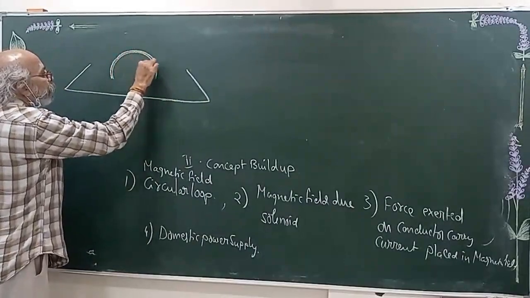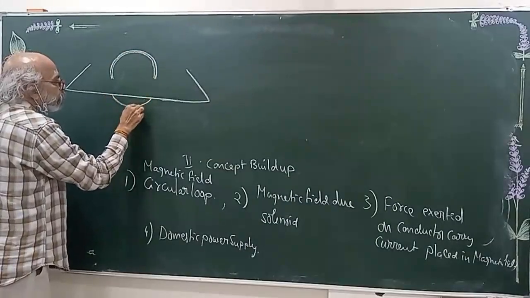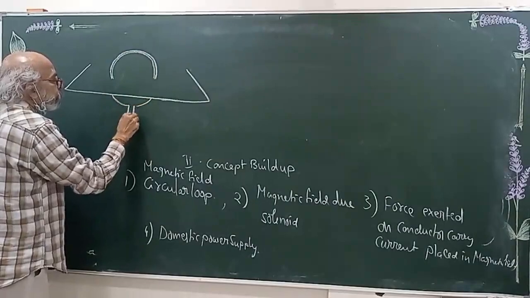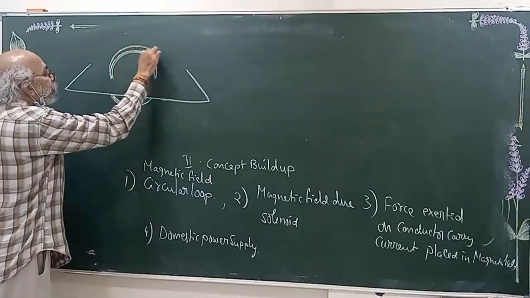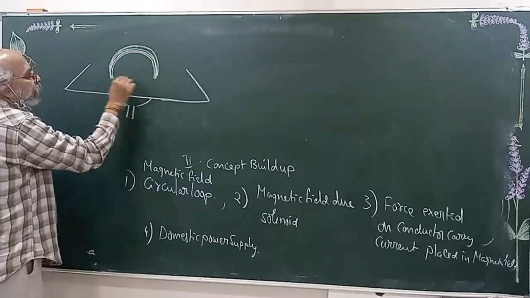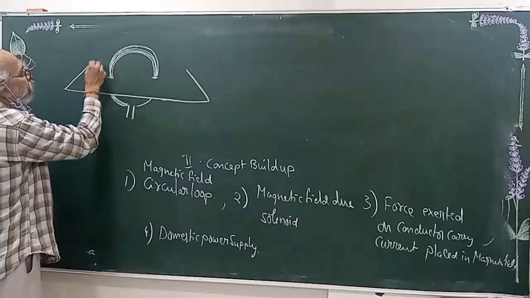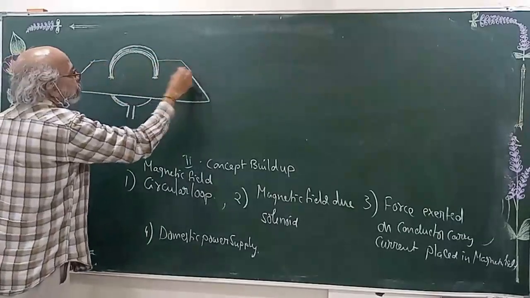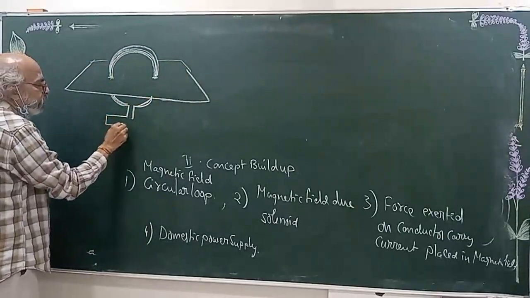Circular coil, take copper coil and wind it like a circular loop having n turns. Likewise, number of turns are there. The circular loop is present. Half of the loop is placed above this thermocol piece and half of this is placed below this, and now it is connected to the battery.